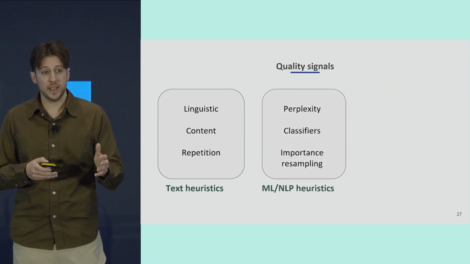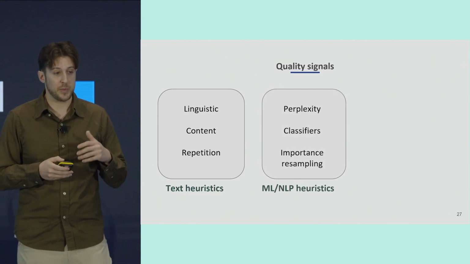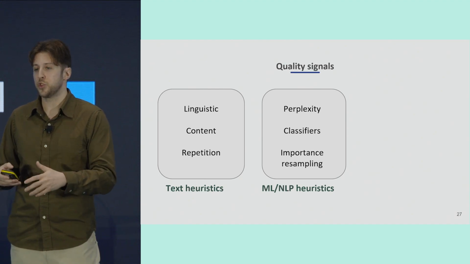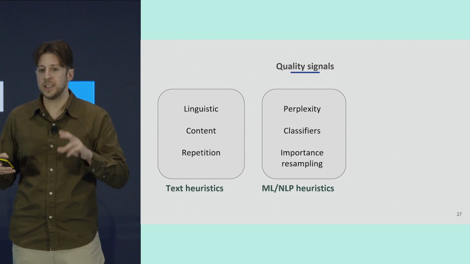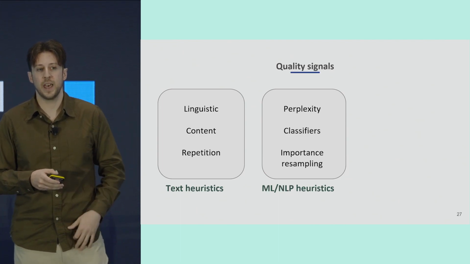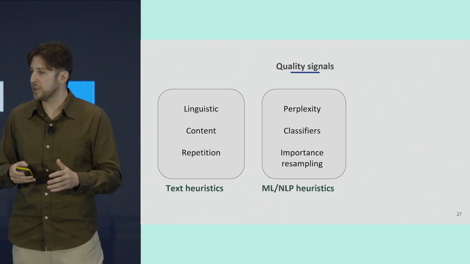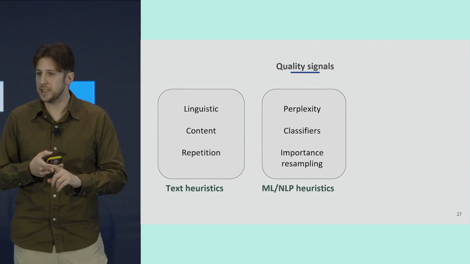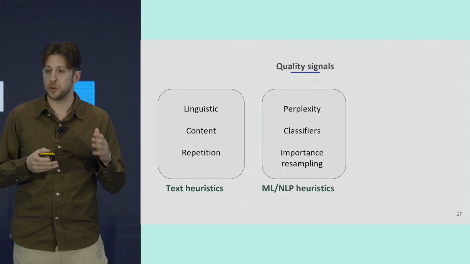Now, if you want to get more advanced, then you can use some machine learning or NLP heuristics like perplexity. Oftentimes, people will train a small model on Wikipedia, a high signal or good quality data set, and then calculate the perplexity across your data set, and then use that to do some pruning. But you can also have more custom classifiers for things like toxicity, quality, even the subject, the domain.